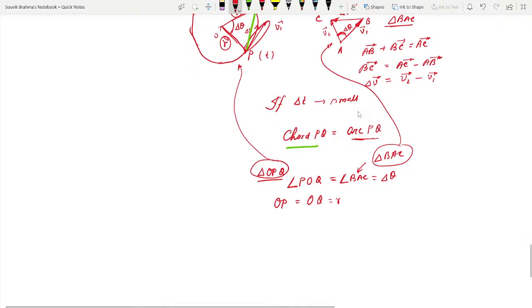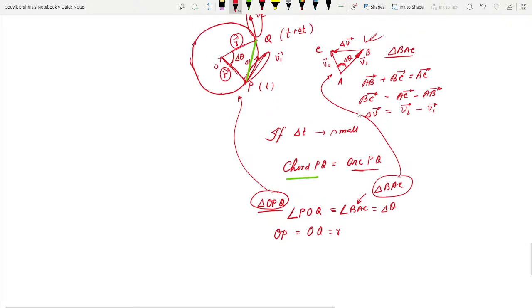And for the triangle BAC, you see AB is equal to AC is equal to V. Now if you say, sir, this is V1, AB was V1 and AC was V2, then how can you say both of them are equal?